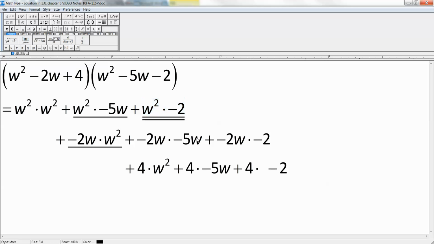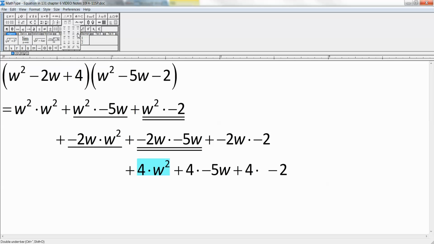So you have minus 5w times minus 2w. That's also a w squared, right? Let me underline it so you can see it vertically a little bit. And then that's right over this 4w squared right here. So those 3 all line up.